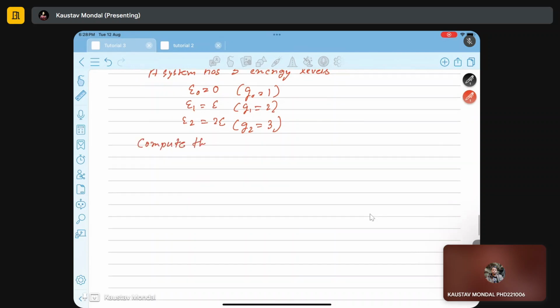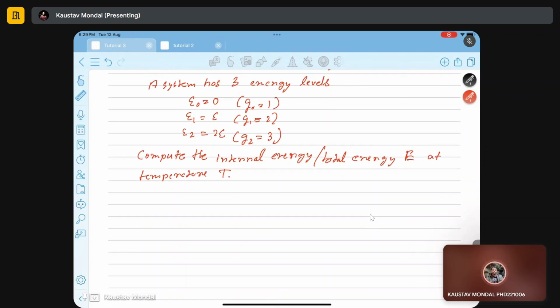Compute the internal energy or total energy E at temperature T.